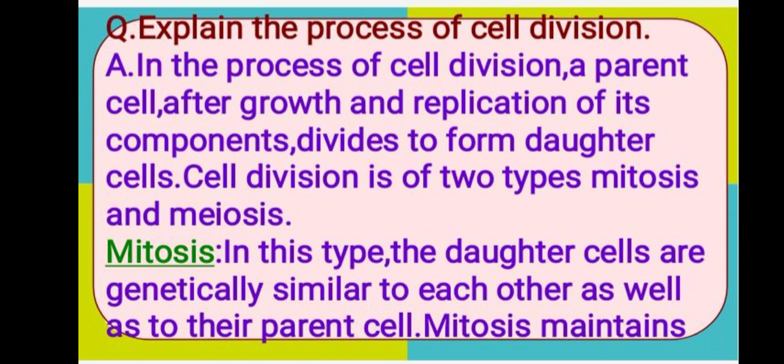Next question is, explain the process of cell division. In the process of cell division, a parent cell, after growth and replication of its components, divides to form daughter cells. Cell division is of two types basically, mitosis and meiosis. In mitosis, the daughter cells are genetically similar to each other as well as to their parent cell.